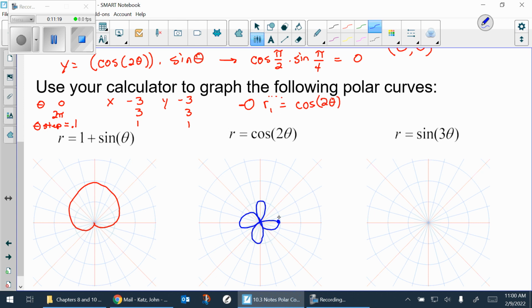And you'll notice that if you use the type of line that draws like this, it shows you where it's been, where it's going, and that's going to be important. As we do the third one here, y equals, let's clear this cosine 2 theta out and put in sine 3 theta.